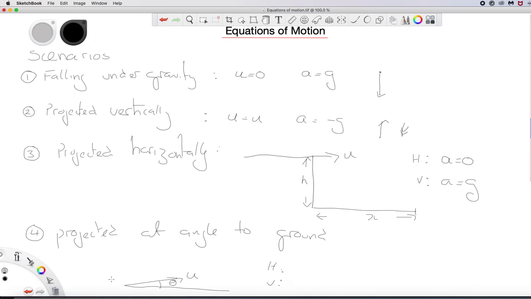But here you're going to have to resolve your initial velocity vertically, and your initial velocity horizontally. So you've got u sine theta and u cos theta. U cos theta in this direction, u sine theta in that direction. So those are your 4 scenarios. Now let's look at those scenarios in turn.